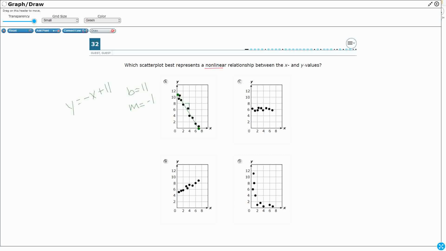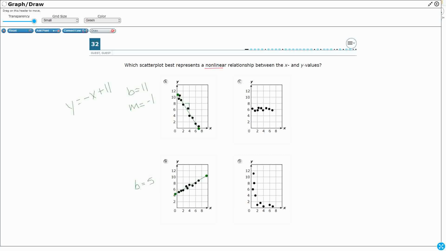Let's check B. So we're going to get a line of best fit. It starts right there at 5 and just continues on up through there. So what do we know about this? Our y-intercept is 5.